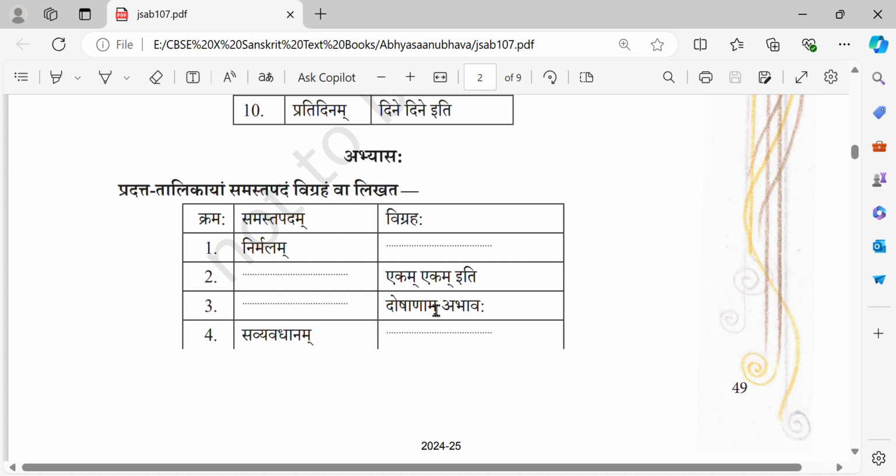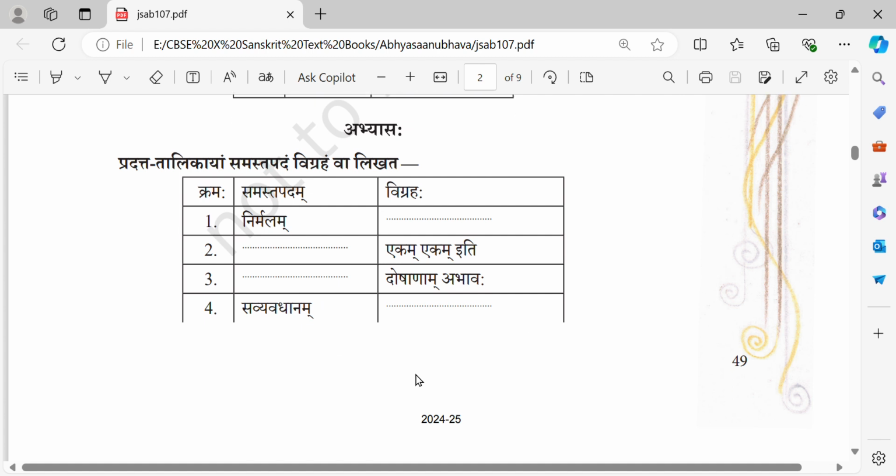Ekam ekam pratyekam. Doshanam abhavaha. Abhavaha means scarcity. Dosha, whenever abhavaha comes, nir, you have to use nirdosham. Sa is used here. Whenever sa is used, saha, you have to use vyavadhanena saha savyavadhanam.